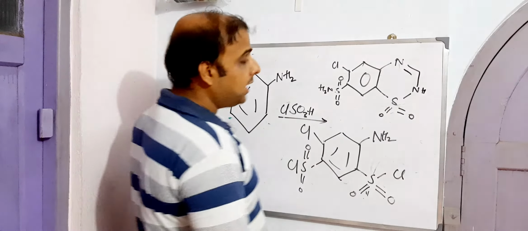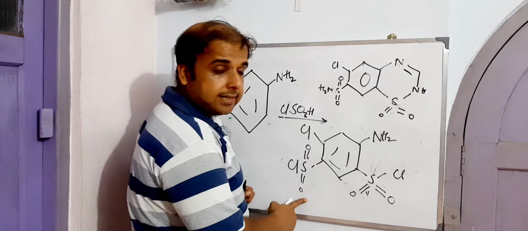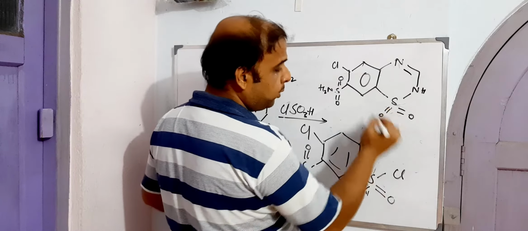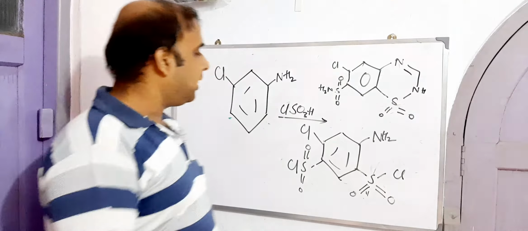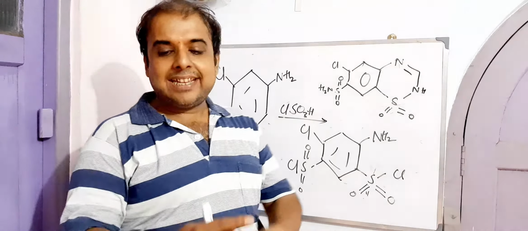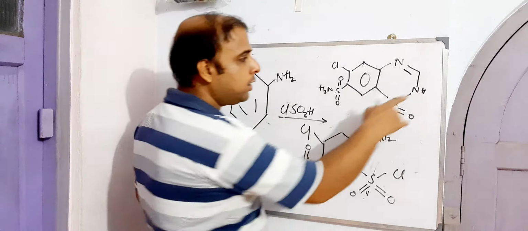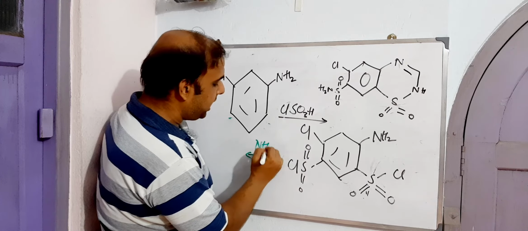Okay, how far have we come? Now see, we have brought this here, and what about this? Yes, we got SO2, that is the 1,1-dioxide, right? Cl, and then NH2. Now what can be done next? Next we can introduce ammonia, right? Why? Because here also we need an amino, here also we need an amino. So it's better to introduce ammonia here.